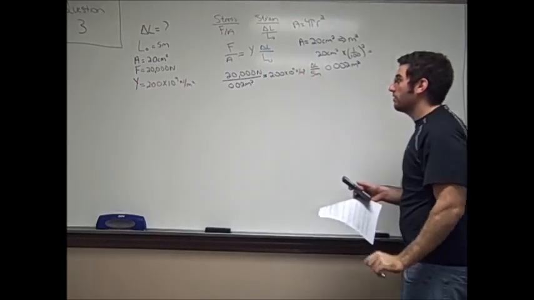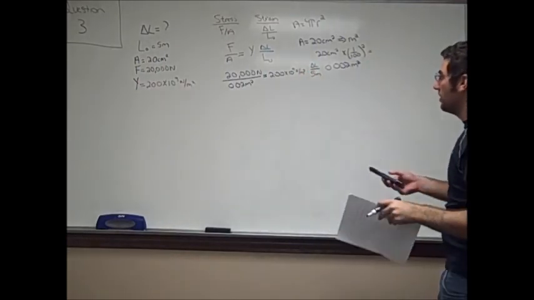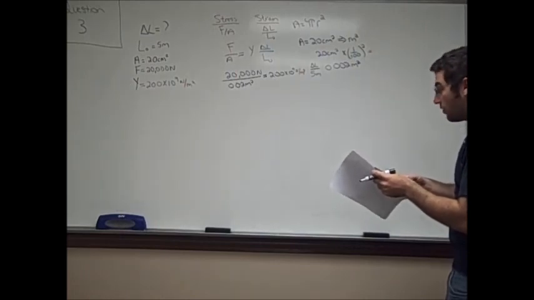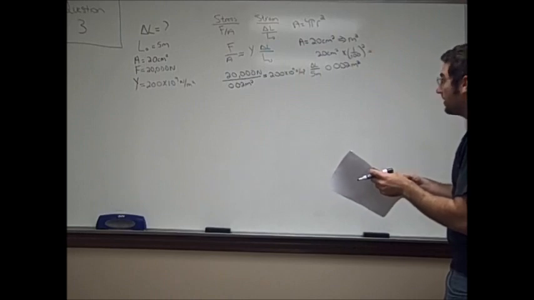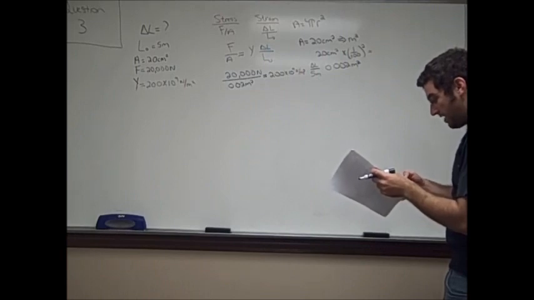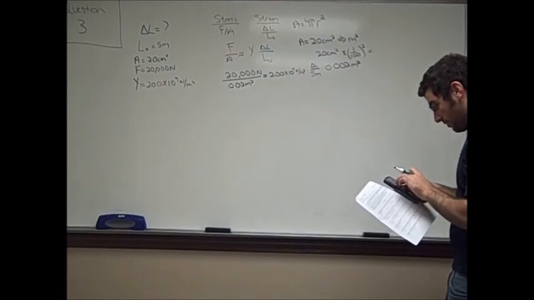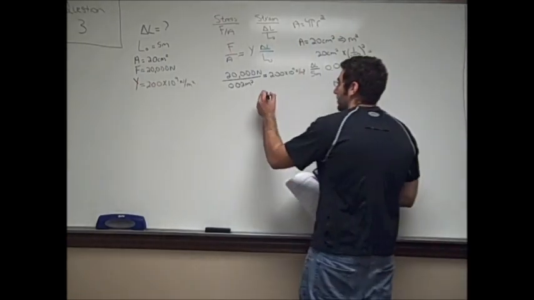And now we have everything we need to solve for the change in length. So we do 20,000 divided by 0.002 divided by 200 times 10 to the 9th and multiply by 5, and we get an answer of 2.5 times 10 to the minus 4 meters.